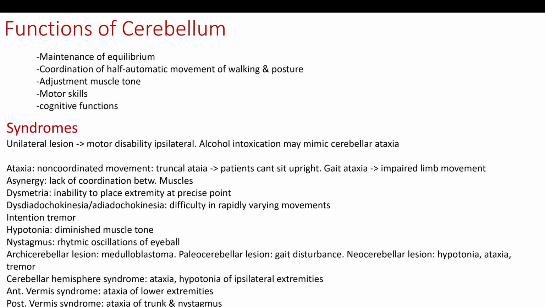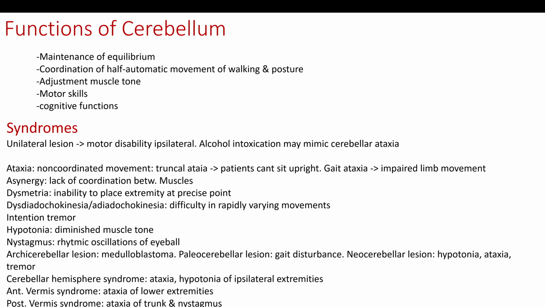Yeah, the ataxia, as we've already touched upon, is the uncoordination of movements. There are several types. The truncal ataxia, when patients can't sit quietly upright, is distinguished from another type, the gait ataxia, with impaired limb movements, unsteady gait, and inebriation.